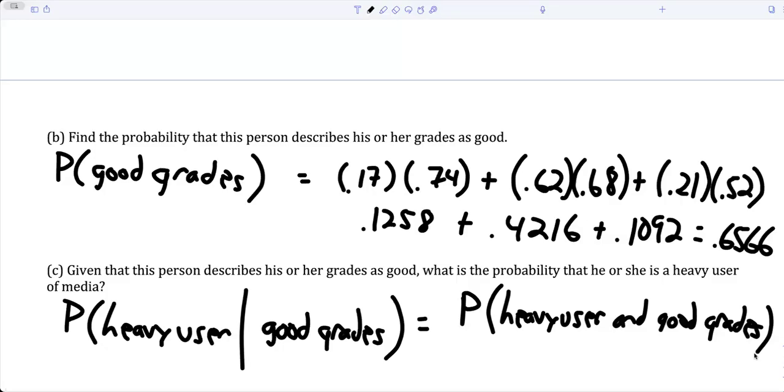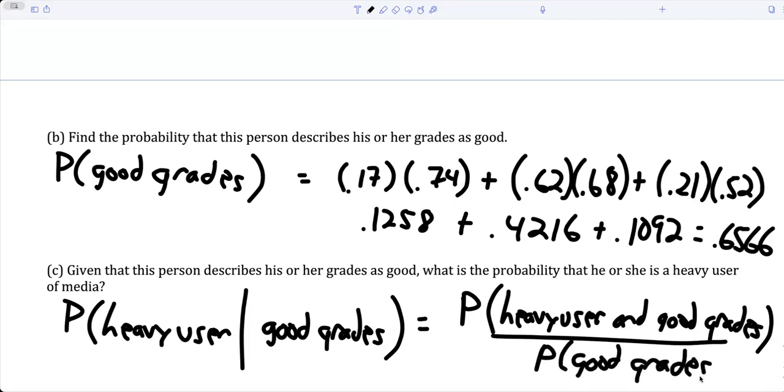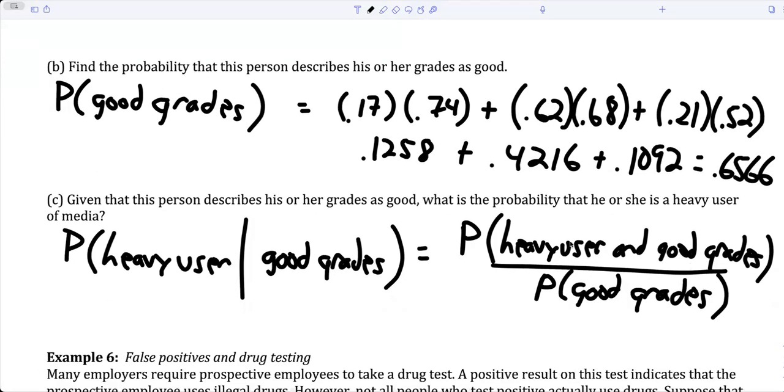Okay, so we have the intersection over the probability that they get good grades. All right, and so what is the intersection? Heavy user and good grades is this right here, which we found, 0.1092.